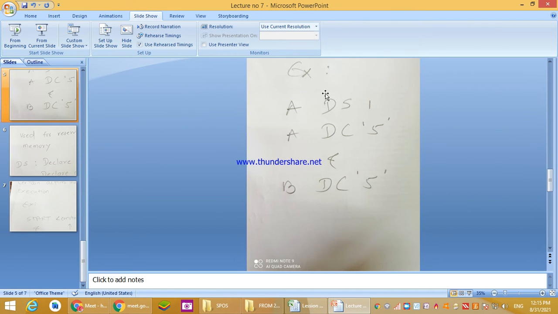here is the example of a declaration statement. What you are seeing over here, DS 1. We have seen DS means declare storage, meaning one word of storage memory is declared.